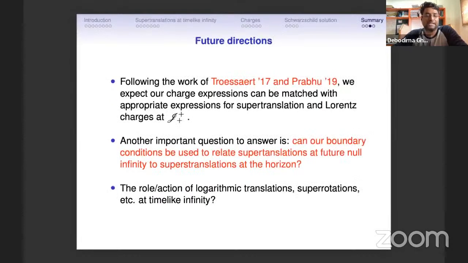As a future direction, one can follow the work of Troessaert and Prabhu, and then we expect that our charge expressions can be matched with the appropriate expressions for supertranslation and Lorentz charges at Scri+. Another important question to answer is whether our boundary conditions can be extended.